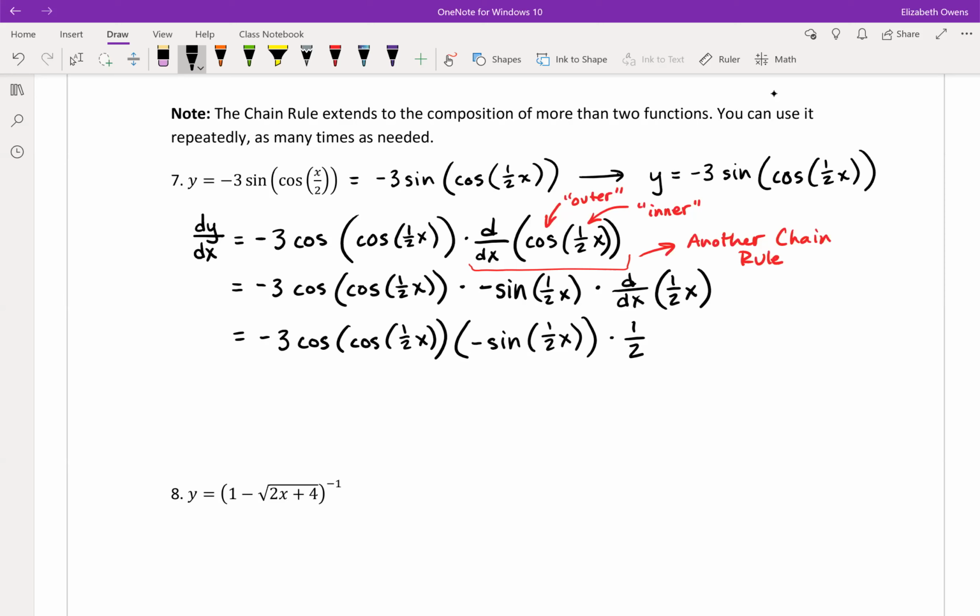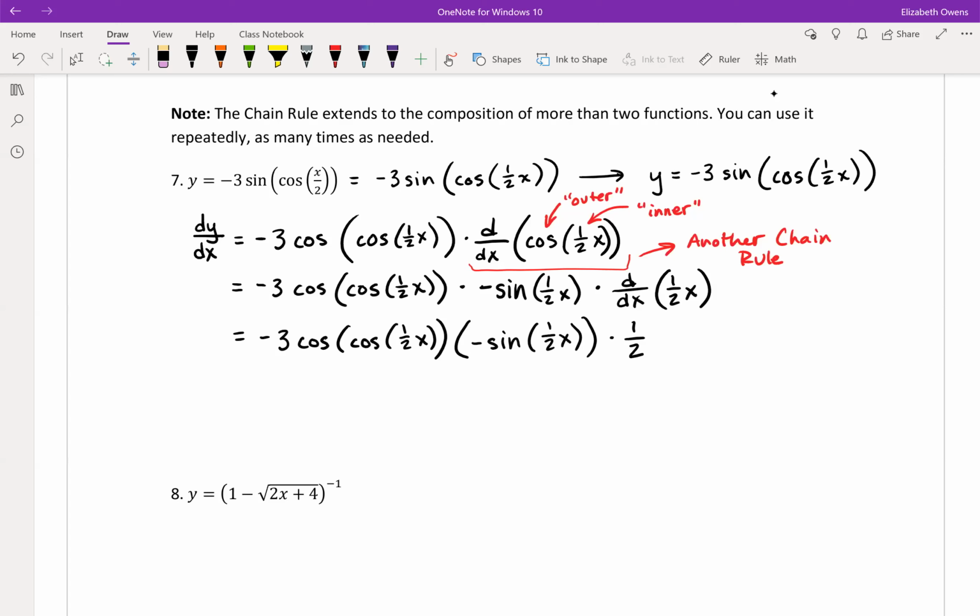Now we've taken all the derivatives. You might ask, isn't there another chain in here, because we have 1/2 times x? But if you made that another chain, the derivative of the inside x would just be 1, so you'd be multiplying by 1, and that wouldn't really change anything. So we're done at this stage. That's all of our nested functions.